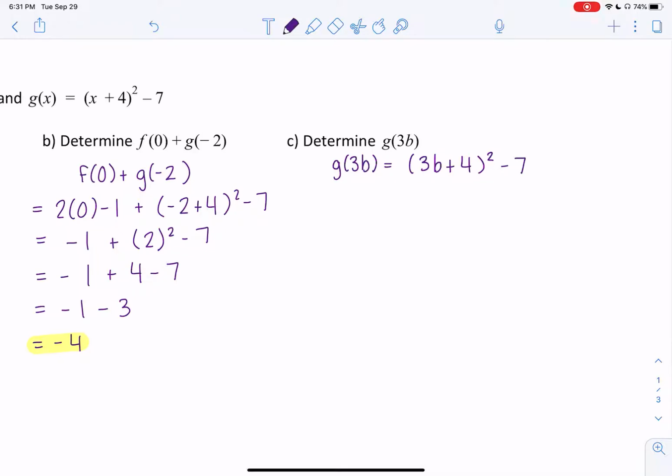Now simplifying this one is going to be a little bit different because we're not just going to get a single number. We can't evaluate it and get one whole number or a fraction as our answer. We need to expand and simplify. So let's start by expanding out those brackets.